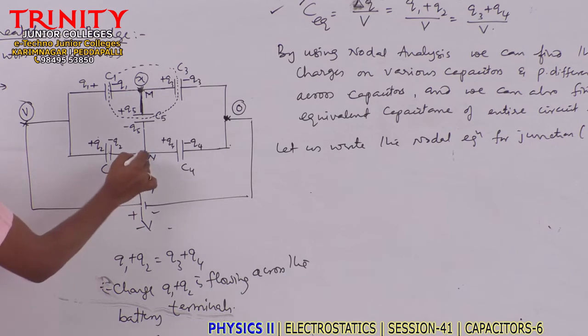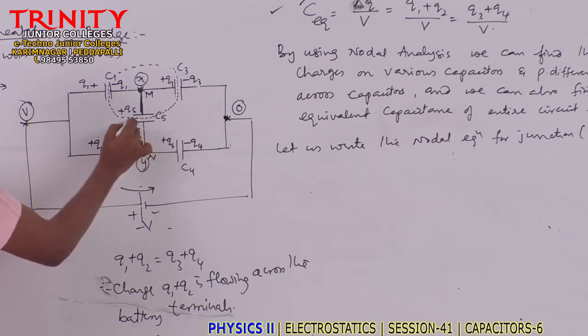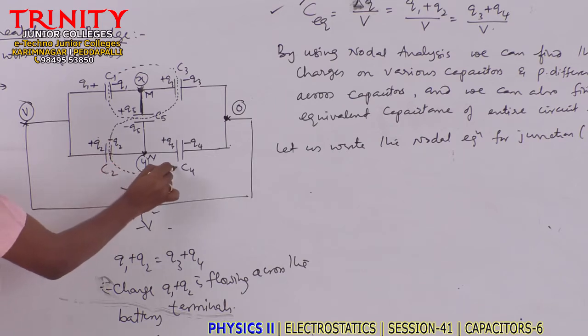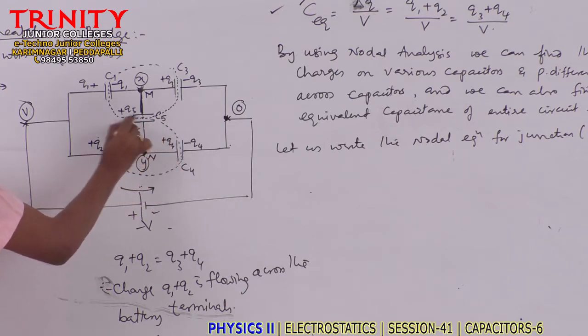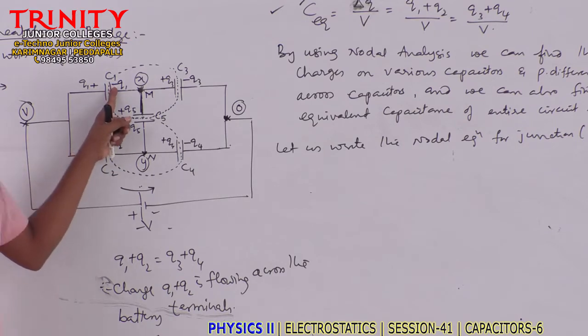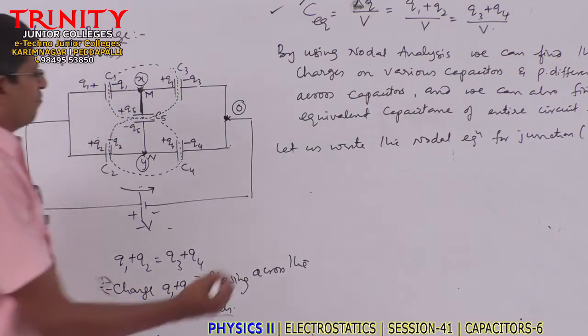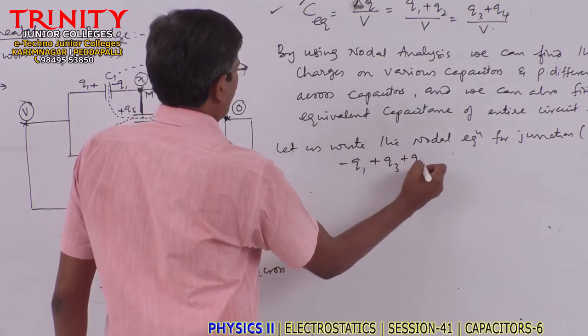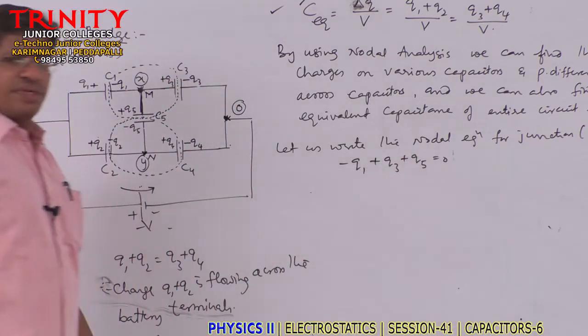Or if you write a nodal equation for here, this minus Q phi minus Q2 plus Q4 is also 0. Because the charge is nothing but C into V, right? So therefore you can write minus Q1 plus Q3 plus Q phi is 0.